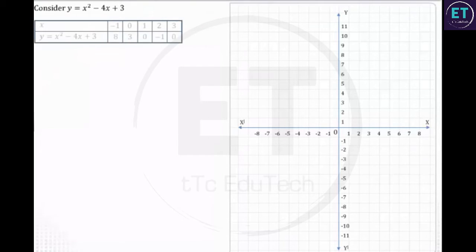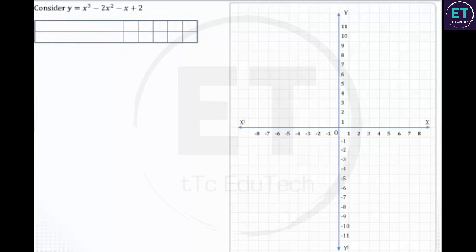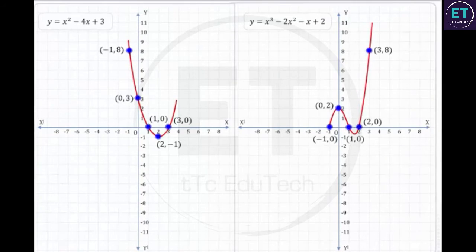Similarly, we can plot the graphs for quadratic and cubic polynomials. You can also find the zeros of these polynomials by identifying the points where the graphs of the polynomials intersect the x-axis.